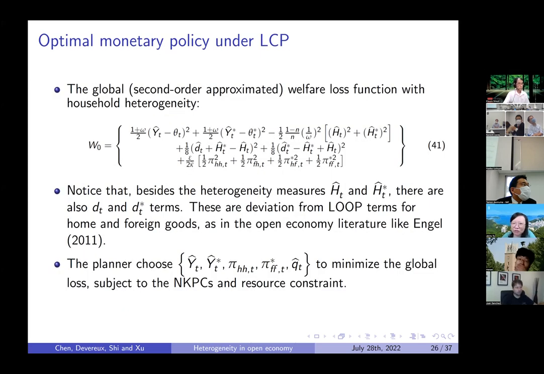Because of the presence of the distortion, even though they try to close inflation and the price dispersion, they cannot fully get rid of the deviation from the law of one price. Meanwhile the relative output is independent of monetary policy. So they focus on the price side and leave the output side together with the consumption heterogeneity. I hope that answers your question.